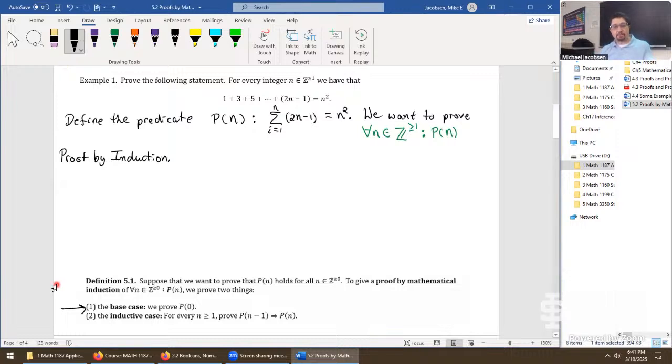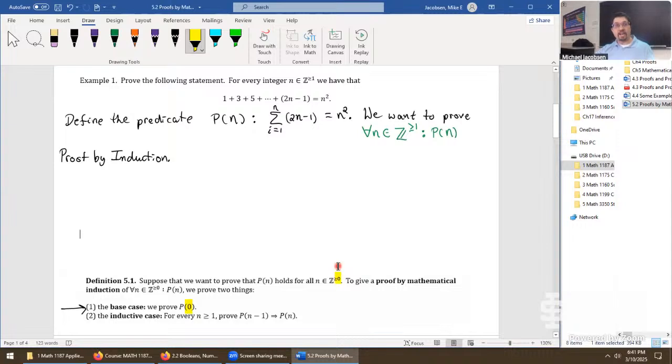We need a ground, a foundation, something to anchor this whole statement to. In other words, if we can't show that it holds at exactly n equals 1, we've got nothing going on whatsoever. And that's what we're doing with the base case. It may not be P of 0, it might be P of 1 like in our problem, but whatever the value is, it comes from this value.